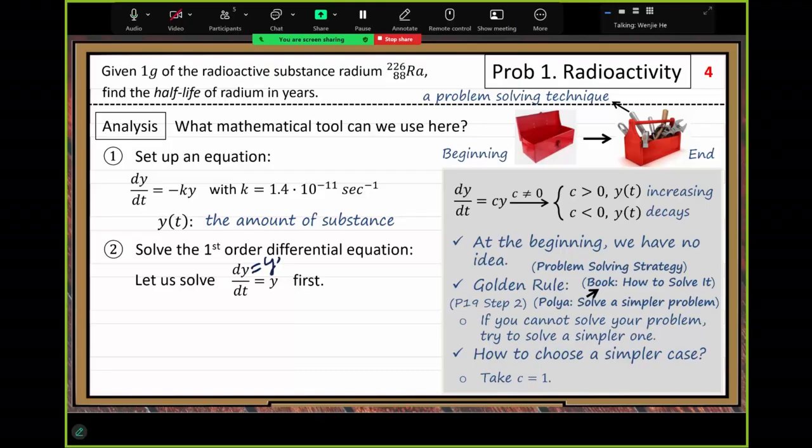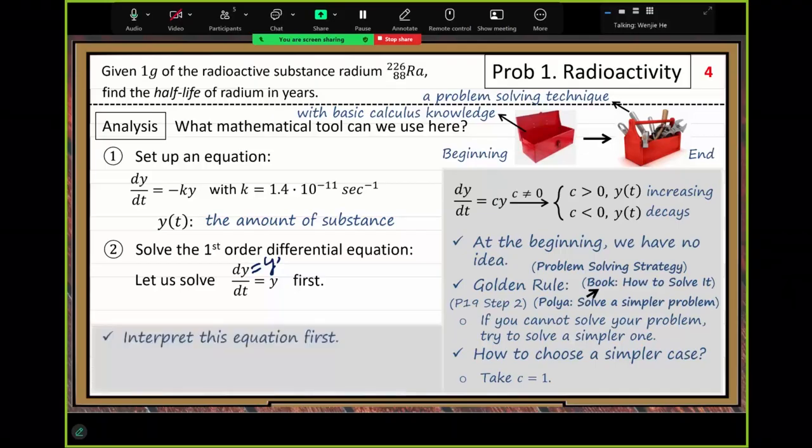So y prime equals y. Now we need to use our background knowledge. At this point, we need to search our background knowledge. Here, we use our basic calculus knowledge. Everyone should have it before you come to this class.